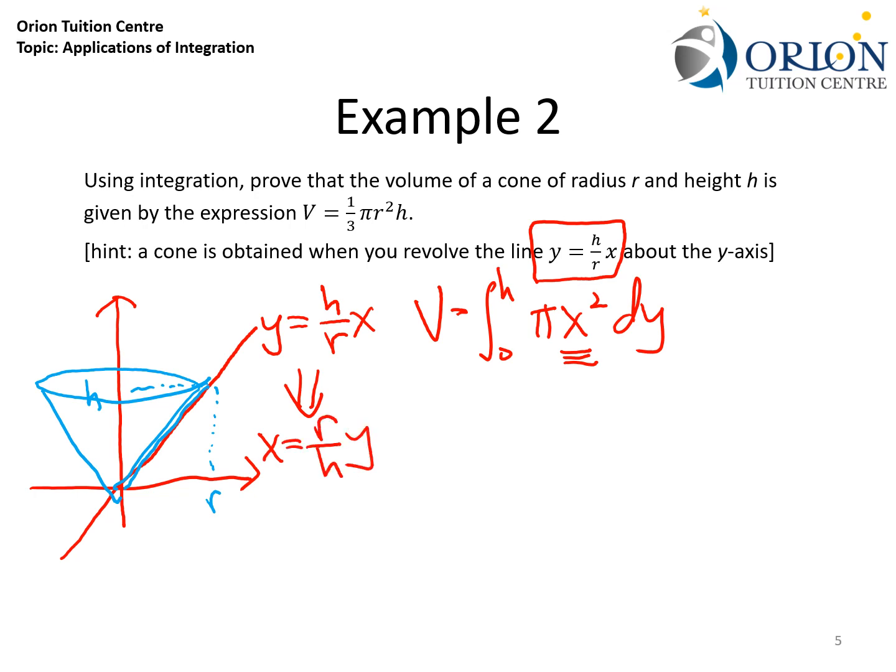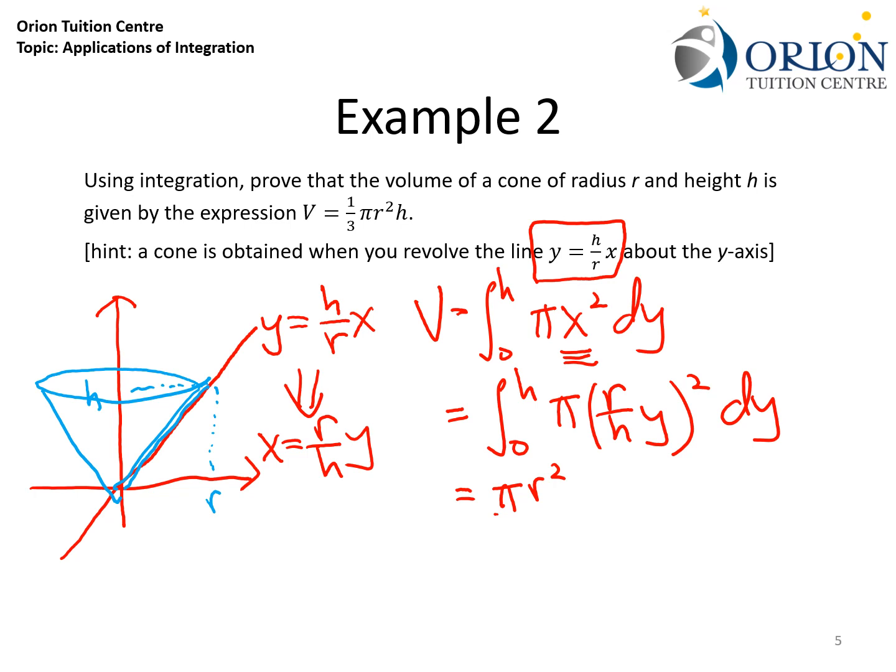And therefore, I can change this integral into integrate 0 to h pi multiplied by r over h y square dy, which is the same as pi r square over h square integrate 0 to h of y square dy. And if we perform the integration and simplify, we will find that it will be really equals to 1/3 pi r square h.